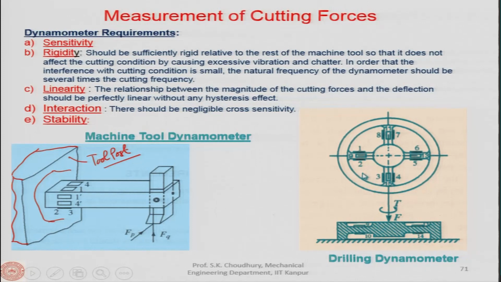All right. Now, the thrust force which is applied like this will be sensed by the sensors which are located after 8, that is 9, 10, 11, 12, 13, 14 and 15, 16, because when the thrust force is acting, it will be vertical to this.